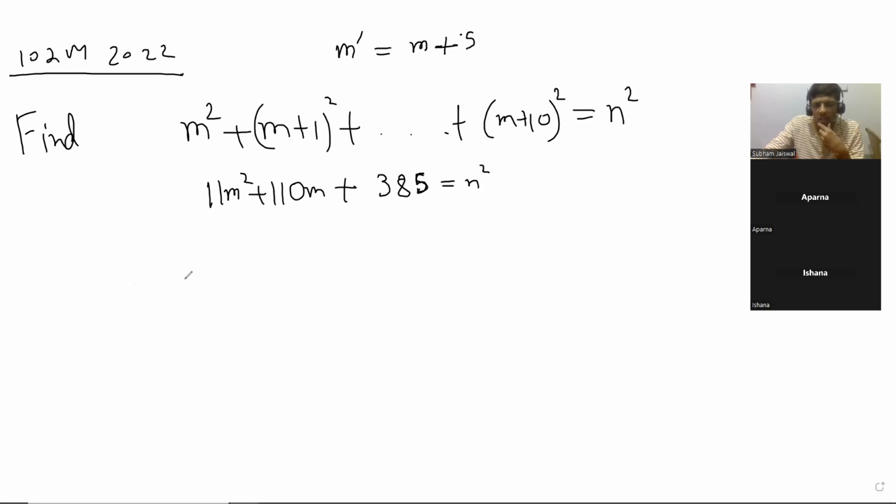But what I'm just thinking is, what do they mean by smallest? Let's call this quantity S. You know that S is bigger than m square.